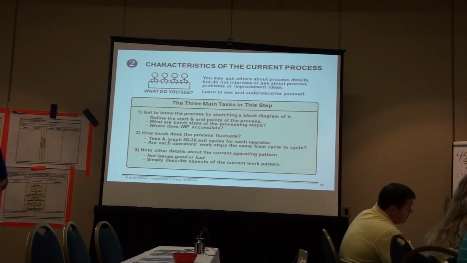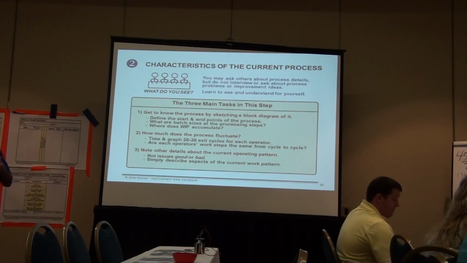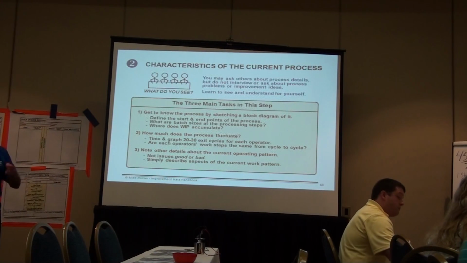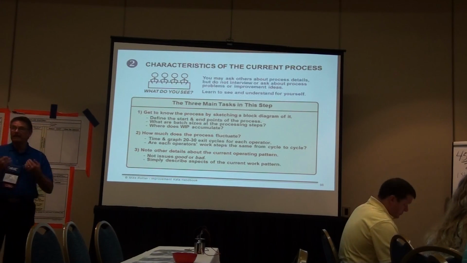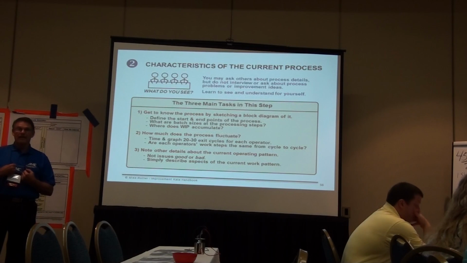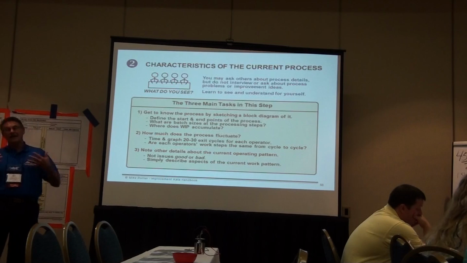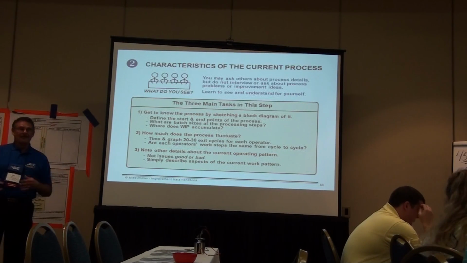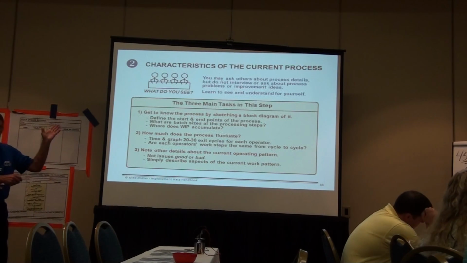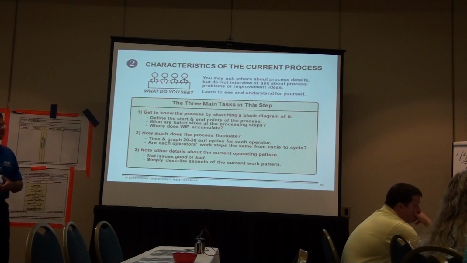We don't want to engage the team or interview them about process problems or improvement ideas. It's our opportunity to go in and understand for ourselves. Be humble enough to go and observe before we start pontificating. This is what he's encouraging us to do: go learn and see. Go to Gemba.